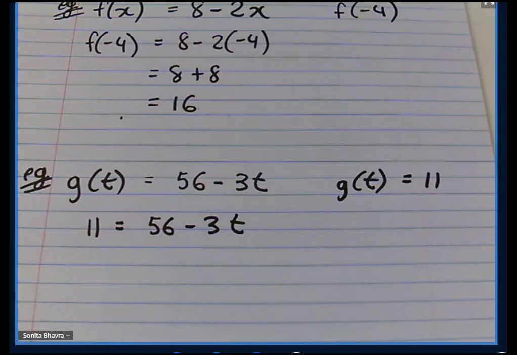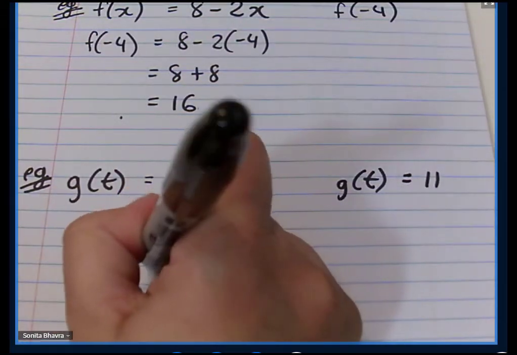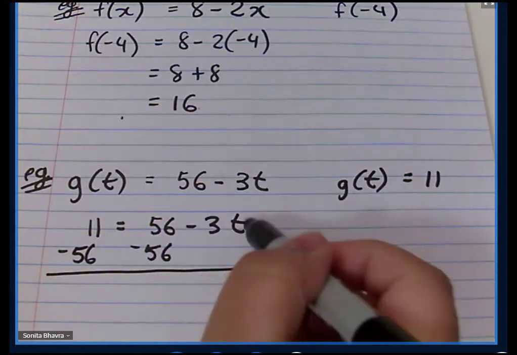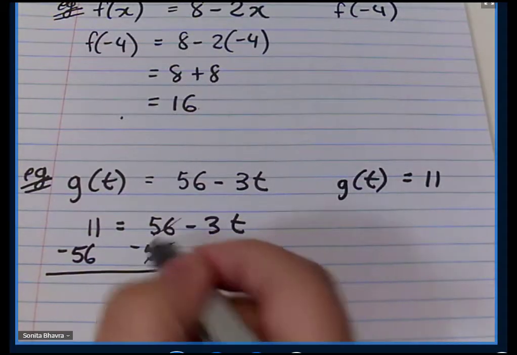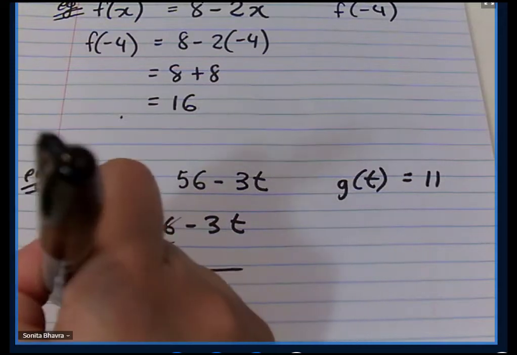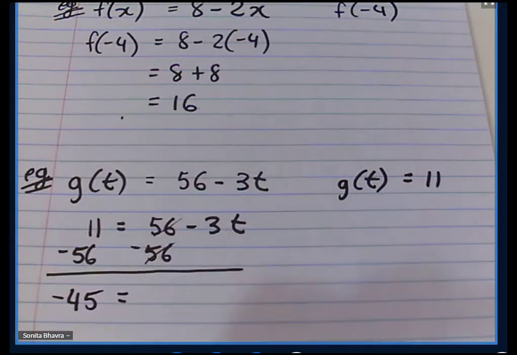All right, so I'll start by, I can subtract 56 on both sides. So again, we're just solving for t here. So 56 and 56 is gone. Cancels out or becomes 0. And then 11 minus 56, that becomes negative 45 is equal to negative 3t.